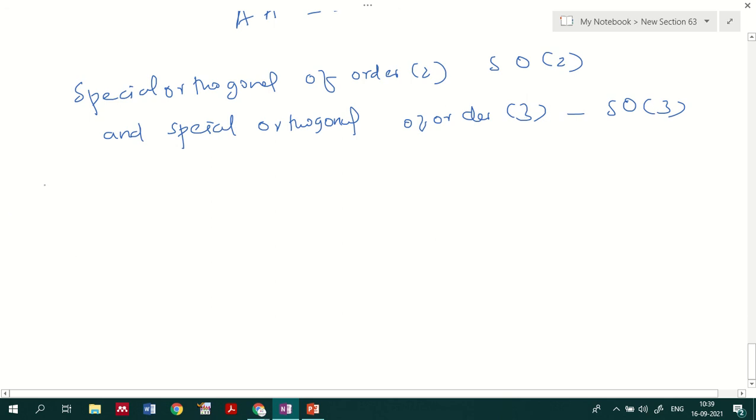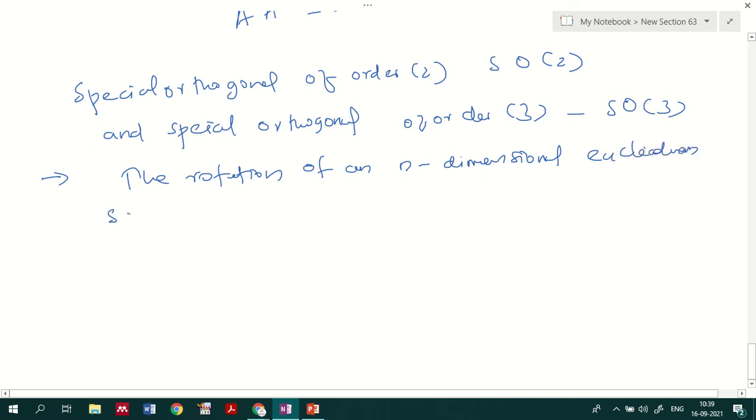However, we can represent this special orthogonal representation in a different fashion. That is, for example, the rotation of an n dimensional Euclidean space.